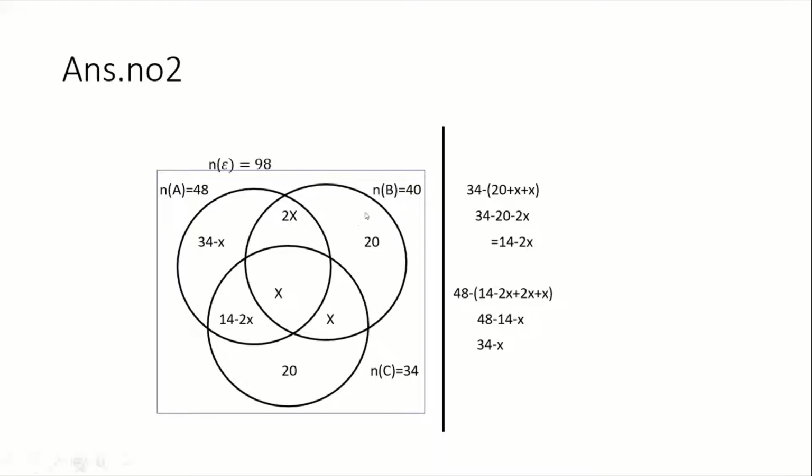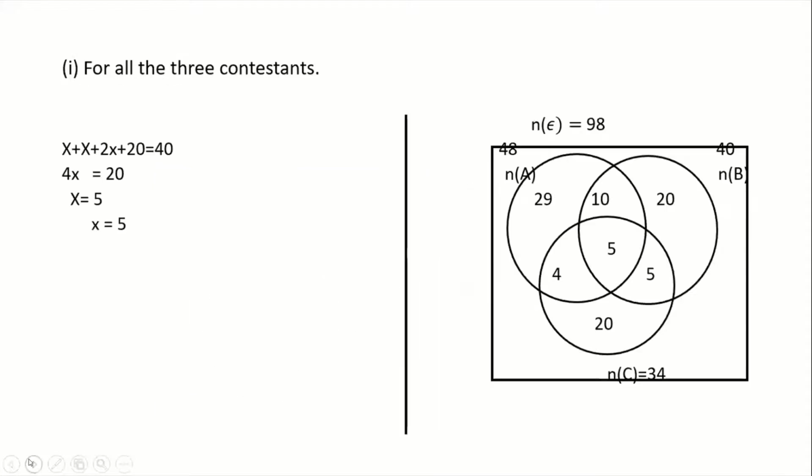So if we end up with 5 as our x, we shall have 5 for our intersection. We shall still have 5, since they told us that the number of those who voted for all the 3 is equal to the number of those who voted for B and C, but not A. So we shall end up with 5 still here.